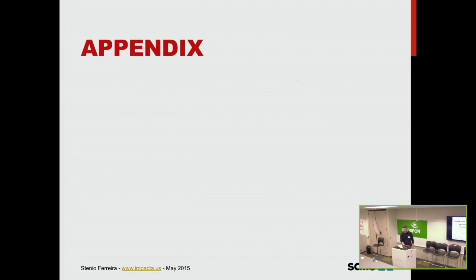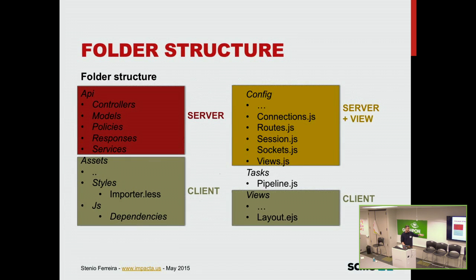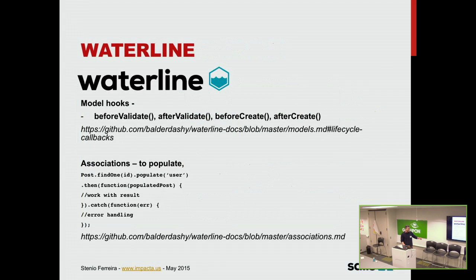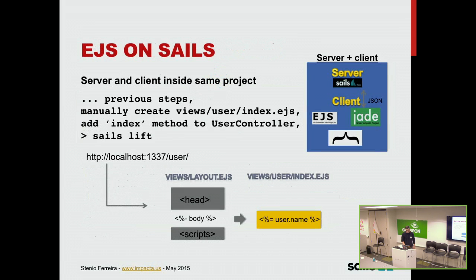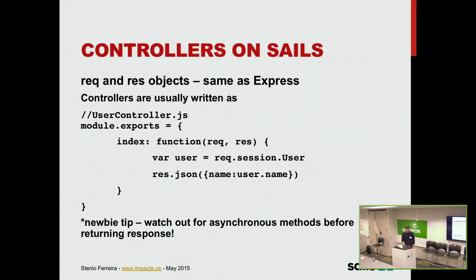And like I said, I'm going to post this, so this is the appendix. These are a few suggestions that I'm aware of for user management. This talks about the folder structure. Waterline, how do you populate? Surprisingly, I find it hard to find this information. How the JavaScript templating engine works inside Sails, the one that comes default, the EJS. A few view considerations. For me, this would have saved a week of research if I had it in the beginning.